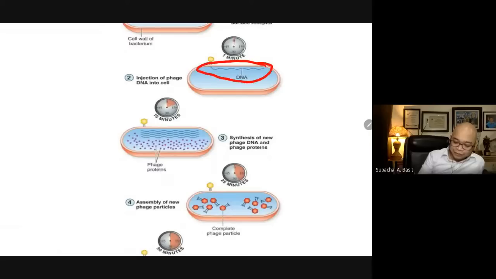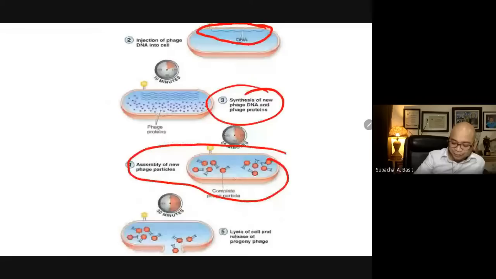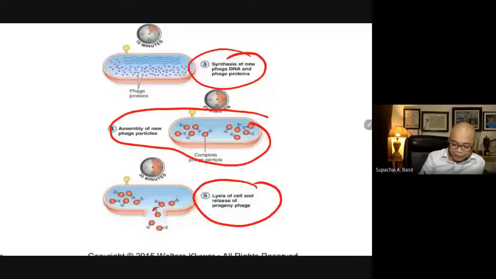Synthesis is the third step. The fourth step is assembly, so new bacteriophages are formed. And number five is lysis, because these bacteriophages will now leave the cell and infect another cell. As they leave the cell, that causes lysis of the bacterial host cell. Hence, it's called the lytic life cycle.